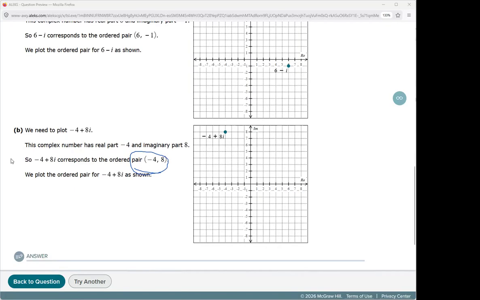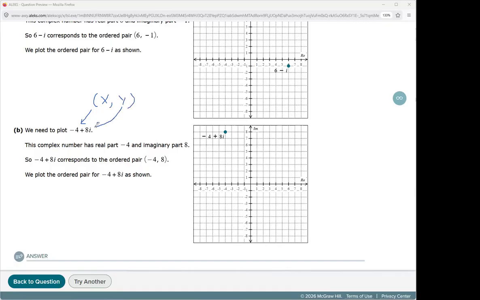So think of it as 6, -1. Now, this guy, part B, is -4, 8. So you'd go to -4 on the real, which is over here, and then up 8 up here. So essentially, the real number part is the x kind of. The imaginary part is the y part here.